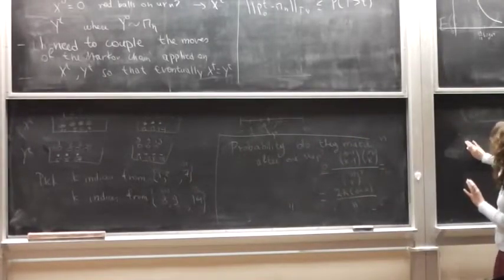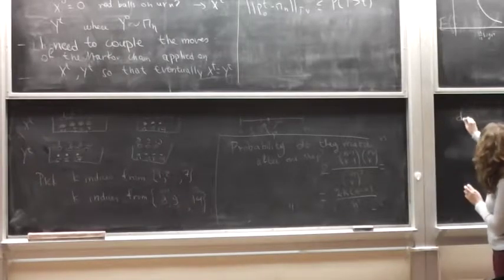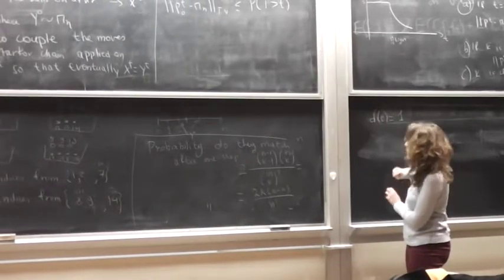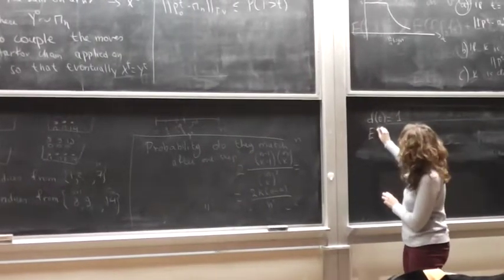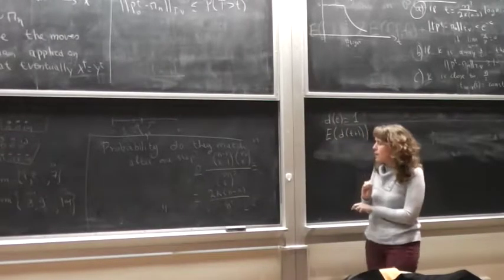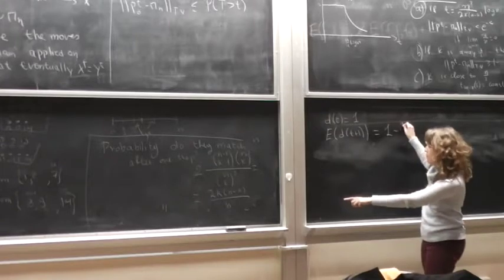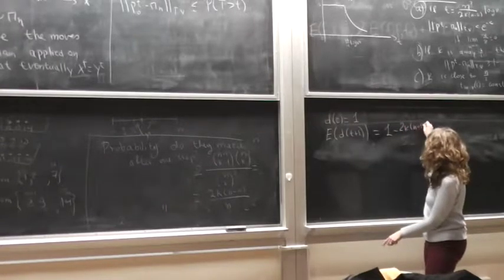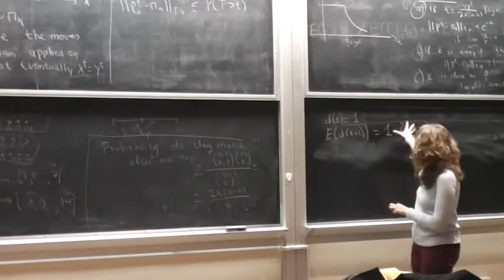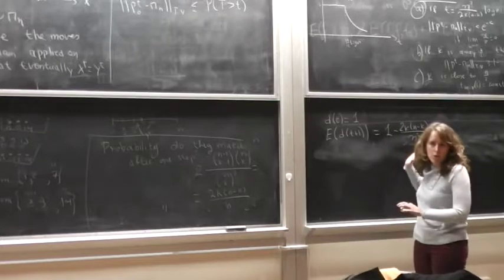So this means that if at time t the distance was 1, then the expected distance after one step is 1 minus this number. Because with this probability the distance remains 1, and with this probability the distance becomes 0.